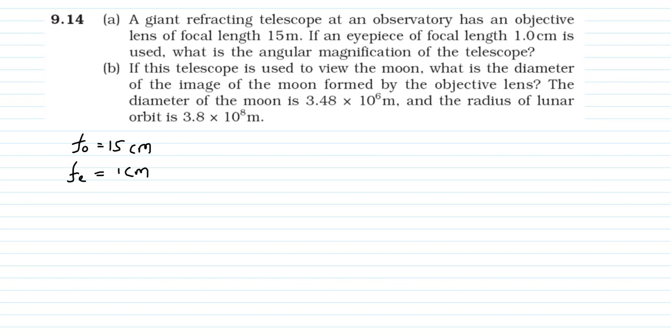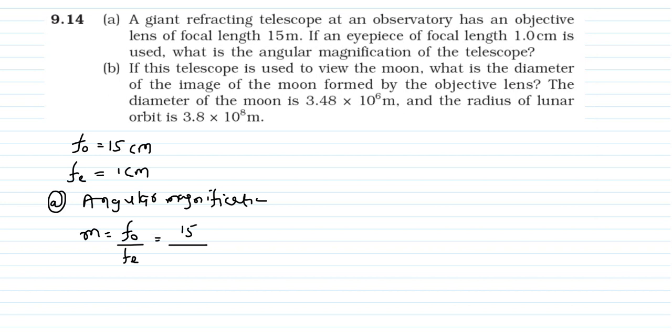So the first one, the angular magnification, M is equal to FO upon FE, that is 15 upon 0.01. So that is 1500. This much magnification will be there.